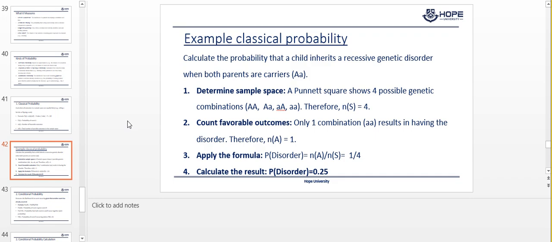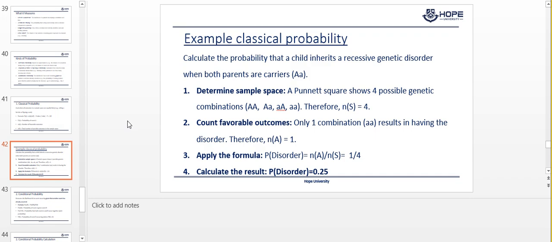After that, now we count the favorable outcomes. Only one combination can have the negative effect of genetic inheritance. For example, small a small a, if the newborn baby has small a small a, that means the baby has the genetic disorder, coming from his father and mother having the disorder, so the occurrence will be 1.